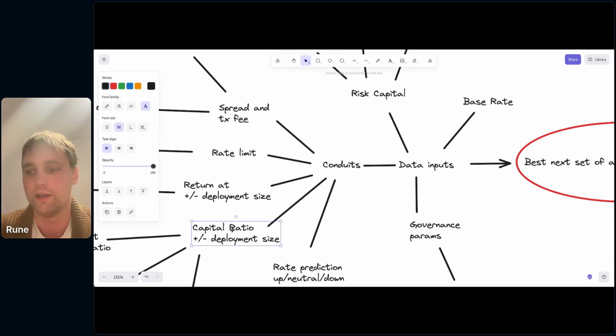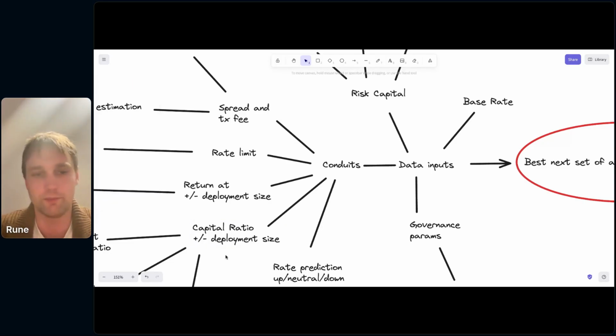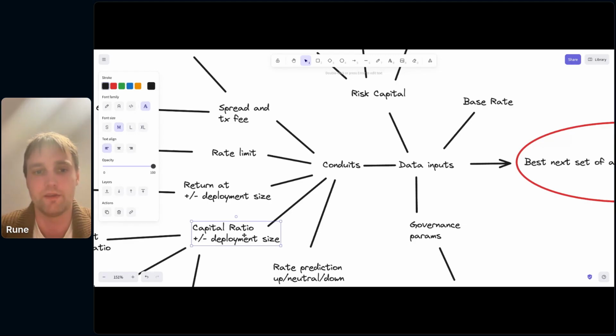For something like USDE exposure, this is a couple of percent as far as I remember. So let's say for simplicity it's 3%. Then what that means is that you get 33x leverage on this.